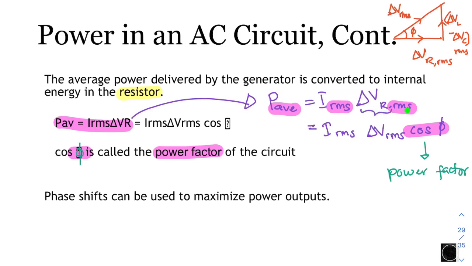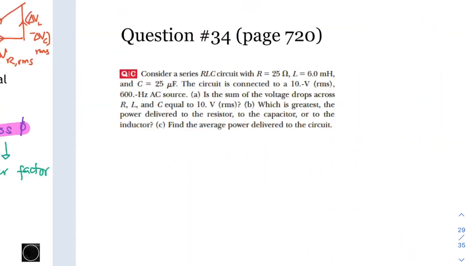If you don't have this, you may also resolve the phasor diagram vector and figure out delta VR RMS by resolving delta V RMS of the circuit times cos phi. So cos phi here is known as the power factor.